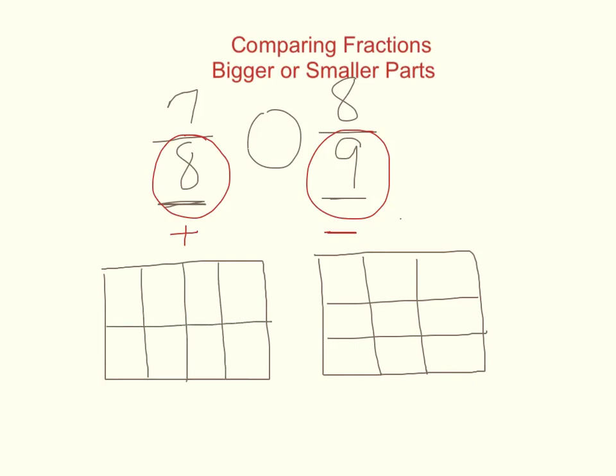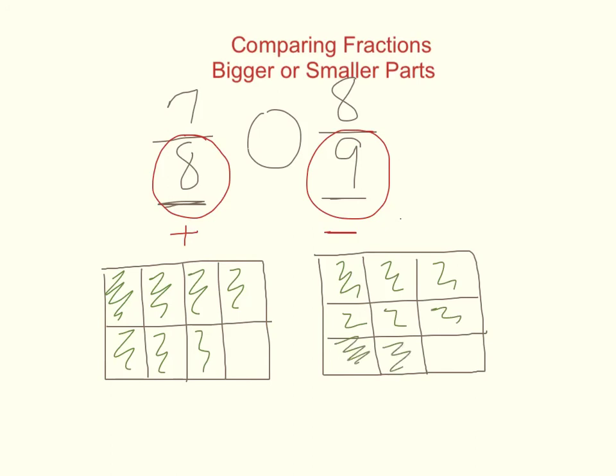Okay, so surface area, they look about the same. I have 8 parts here, 9 parts in the one on the right. And what I'm going to do is color in 7, 1, 2, 3, 4, 5, 6, 7 parts in this one, and 8 parts in the other one. 1, 2, 3, 4, 5, 6, 7, 8.